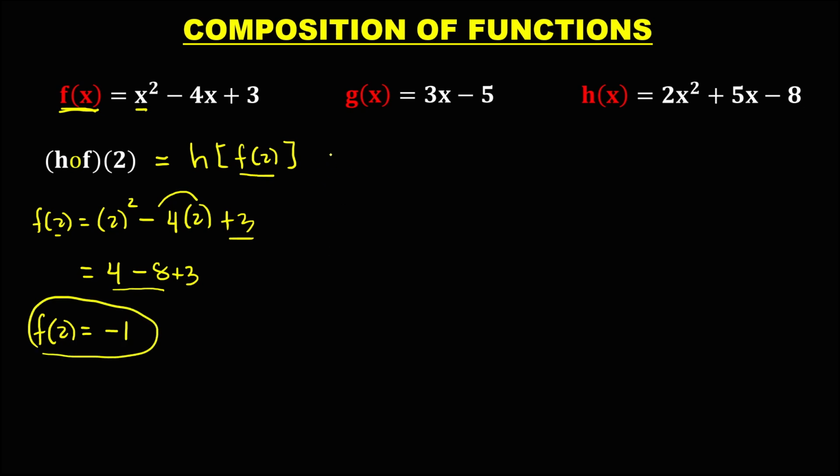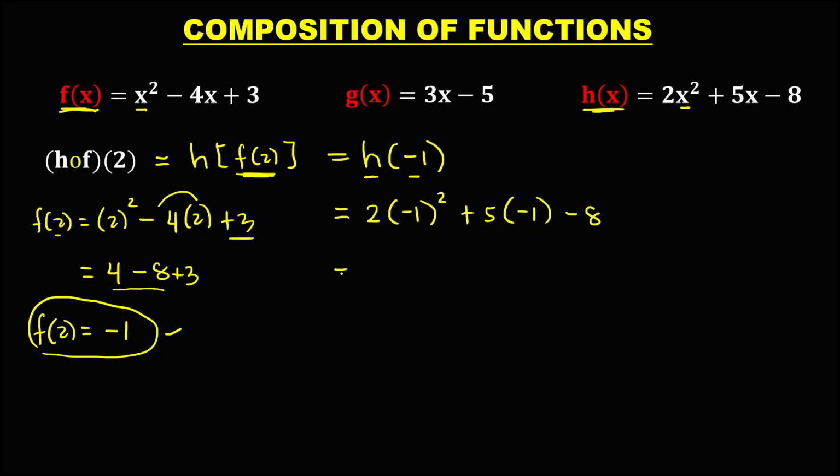So from this, we can write now this as h of negative 1 because f of 2 is equal to negative 1. Then to simplify, from h of x, x is equal to negative 1. So this becomes 2 times (negative 1) to the power 2, then plus 5 times negative 1, then minus 8.